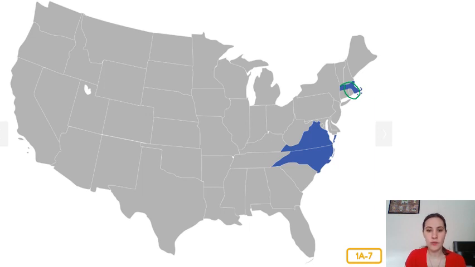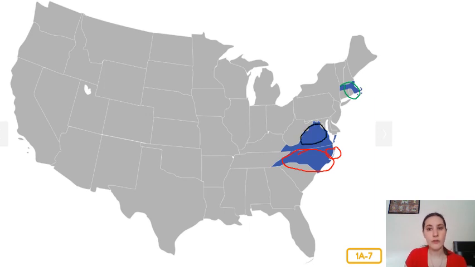So, North Carolina, I'm going to circle in red. This is North Carolina. They probably settled Roanoke Island somewhere over here, all right? The next colony they set up is the colony of Jamestown, which is in the state of Virginia, what we know as Virginia today. I'm going to circle Virginia in black. So, here's the state of Virginia.